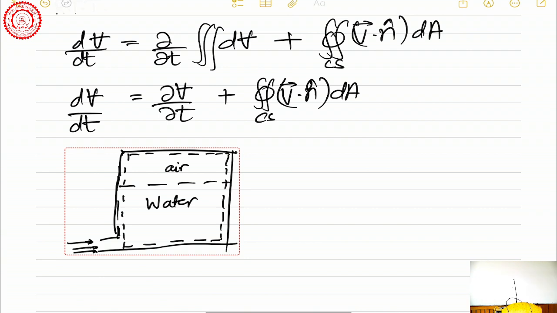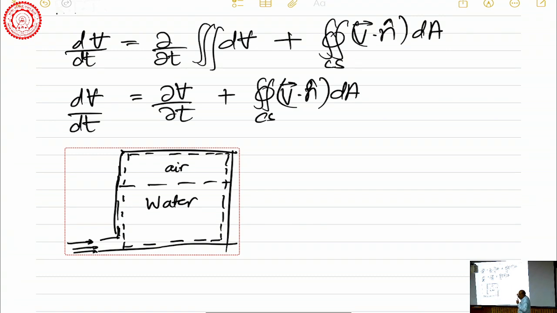This is incompressible as far as each particle goes. Okay. Now I've chosen a control volume which is the dotted line. Now in this control volume, as the water fills up, this level will change.